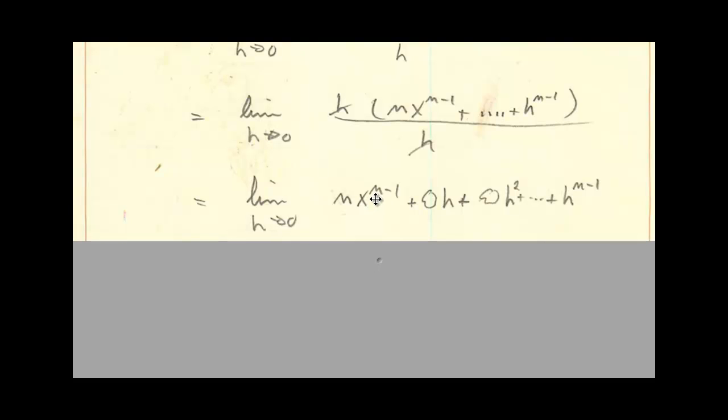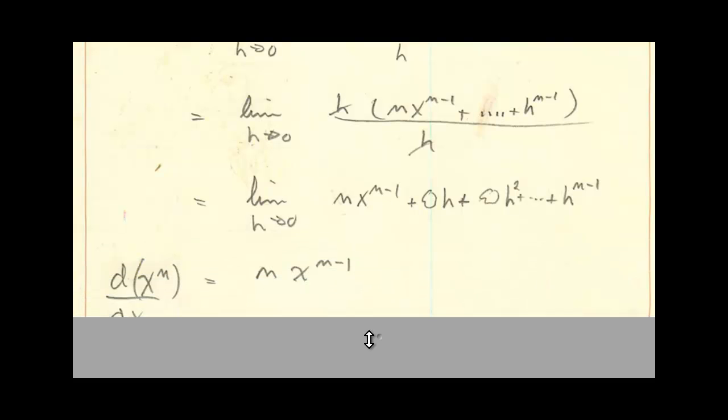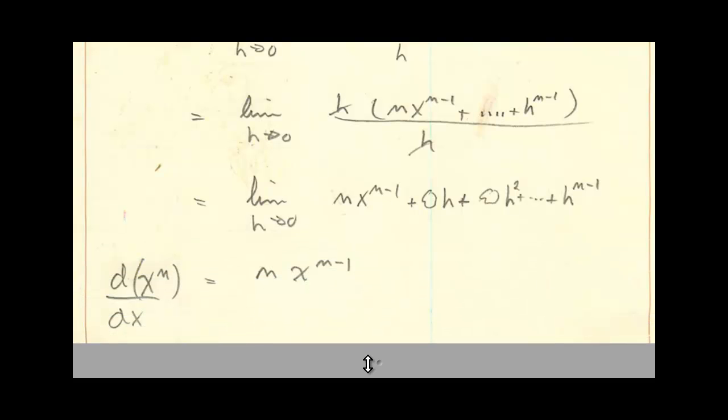The first one has no h in it. The next term has an h to the first up to h to the n minus 1, whatever n is. And when you substitute in h equals 0, now you can just do the substitution since the h is canceled, and all of these other terms go to 0, and what you're left with is simply the power rule. Now, this only works for integers, and there's a proof in the back of the book which works for non-integer values, but it is true in general.